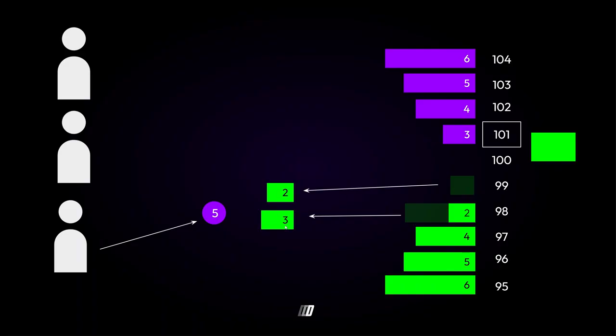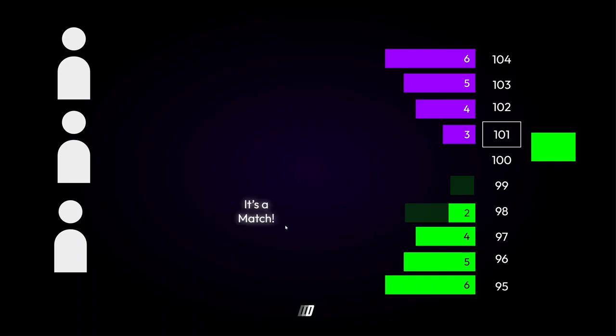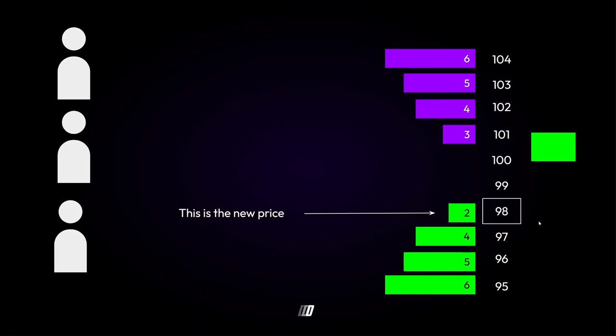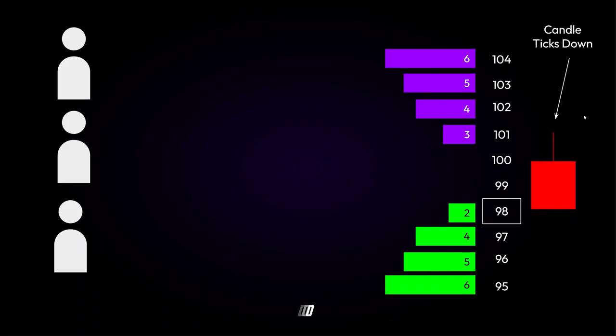But the last price level where there was a match was this one, right? So that becomes the new price, and the candle will tick down. Okay? This is the mechanics behind every single price movement that you see inside of charts. That's it. Okay?